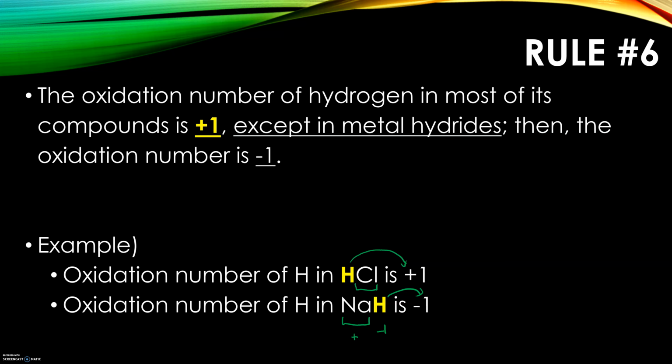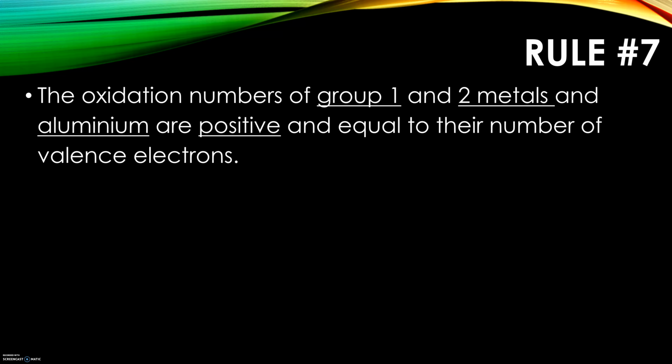Well, Rule 7 is also straightforward as well, because if you remember from our unit from last semester when we talked about valence electrons and valence charge, it kind of follows that same rule because we have specific sets of element groups on the periodic table that keep their charge. In terms of that, we talk about group 1, alkali metals, and group 2 metals, which are the alkaline earth metals.